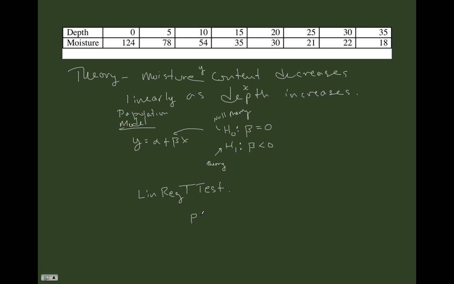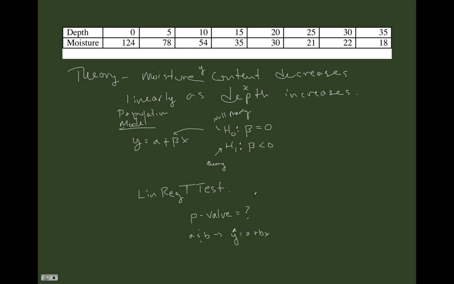Specifically, since I now have a hypothesis to test, I want to know what the p-value is. The other thing I'm going to be looking for are A and B, because that's what's going to tell me what the best fit line is for the data. And remember, we always have two versions of this equation.